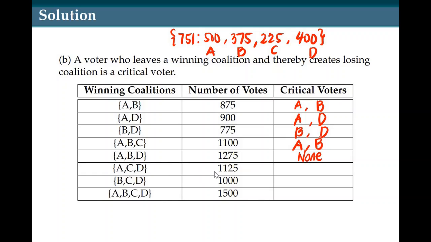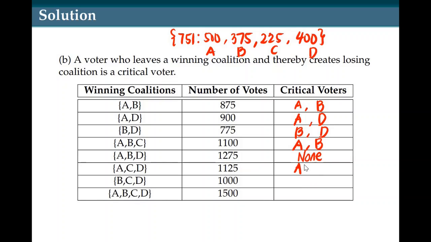A, C, and D with 1,125. So 1,125 minus voter A, that is 625, that is less than the quota. So voter A here is a critical voter.